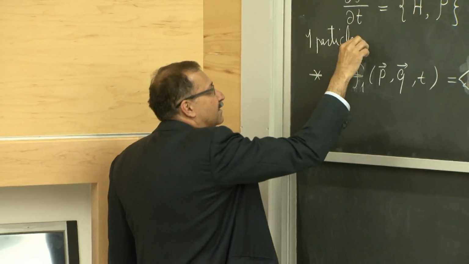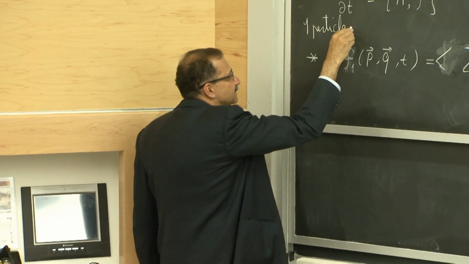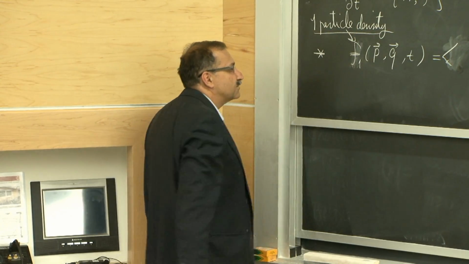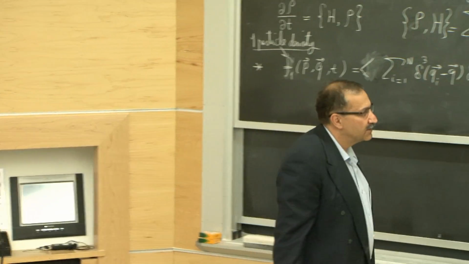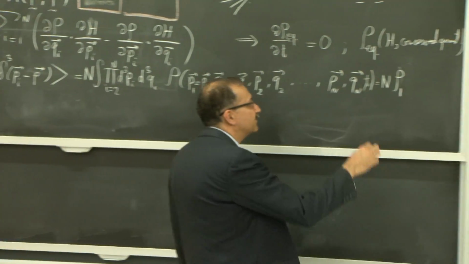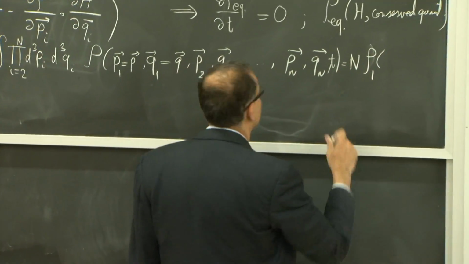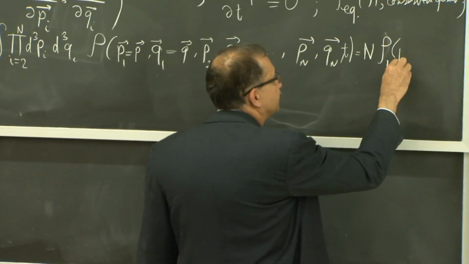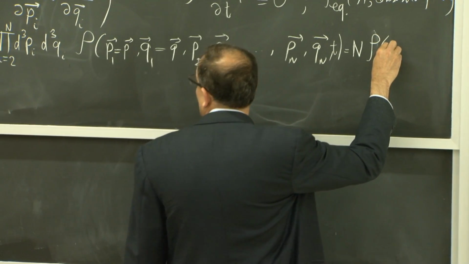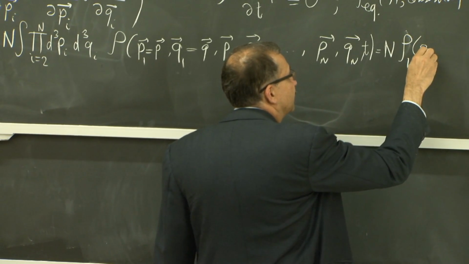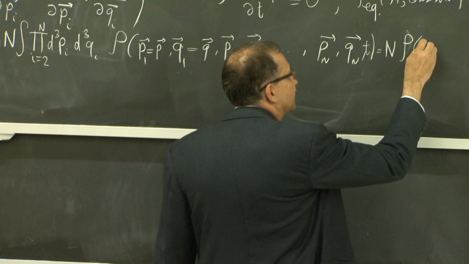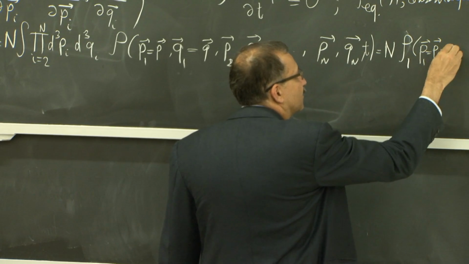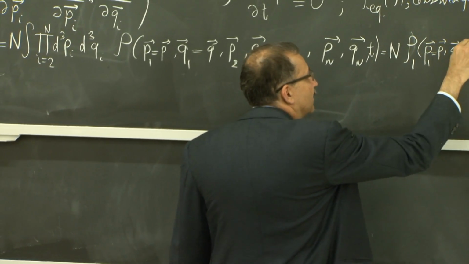I don't know why this name stuck to it, because this one, which is different by a factor of n, is our usual unconditional probability for one particle. So this is rho of P1 being P, Q1 being Q at time t.